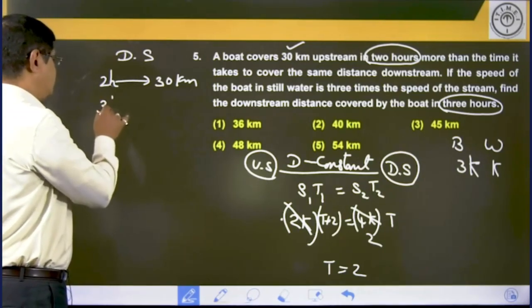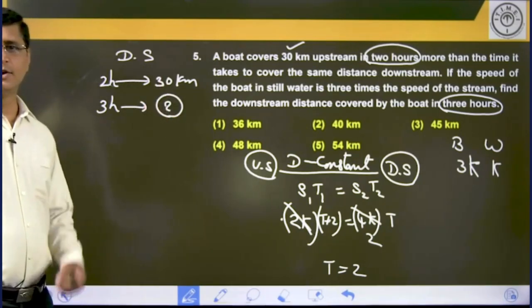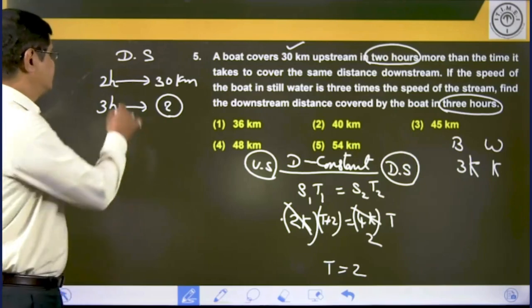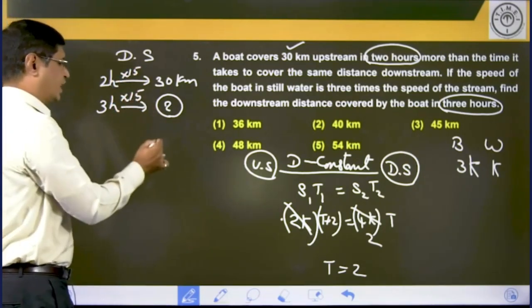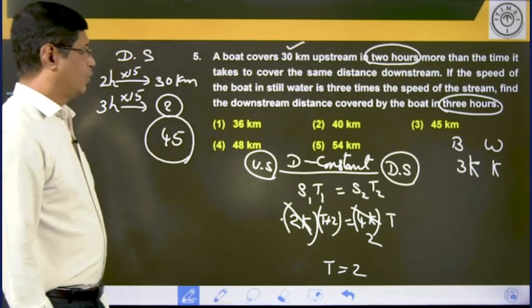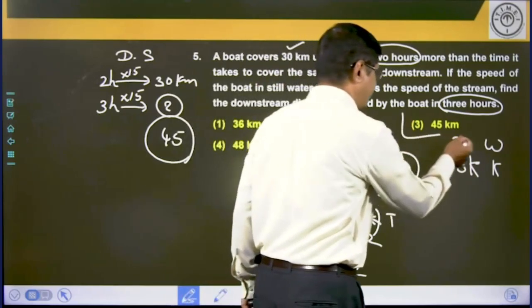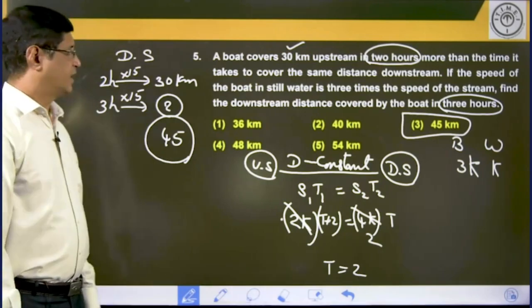Then in 3 hours, how many kilometers will it cover? 2 into 15 is 30. So 3 into 15 is your answer. The result is 45 kilometer. So what is the right choice? Yes, you are right. Option number 3. The third choice is the right answer.